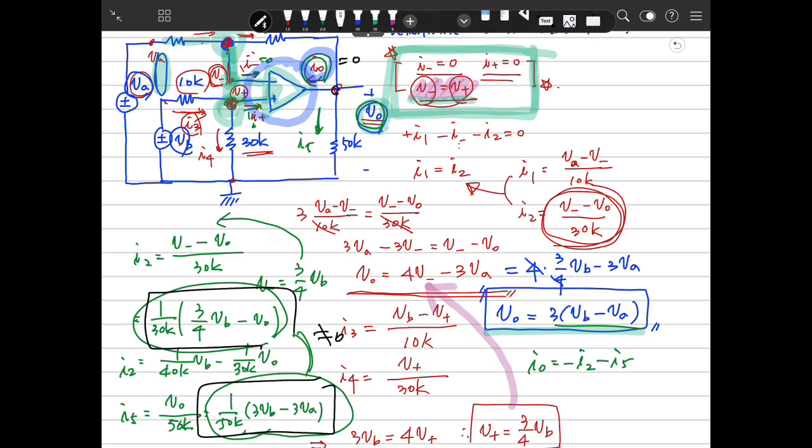Is it real? Yes, it's real. Why? I told you KCL is a very fundamental law in the electric circuit. So KCL should be satisfied at any node in the electric circuit. But why is this not satisfied? Because two pins are omitted. This is V supply plus, V supply minus.